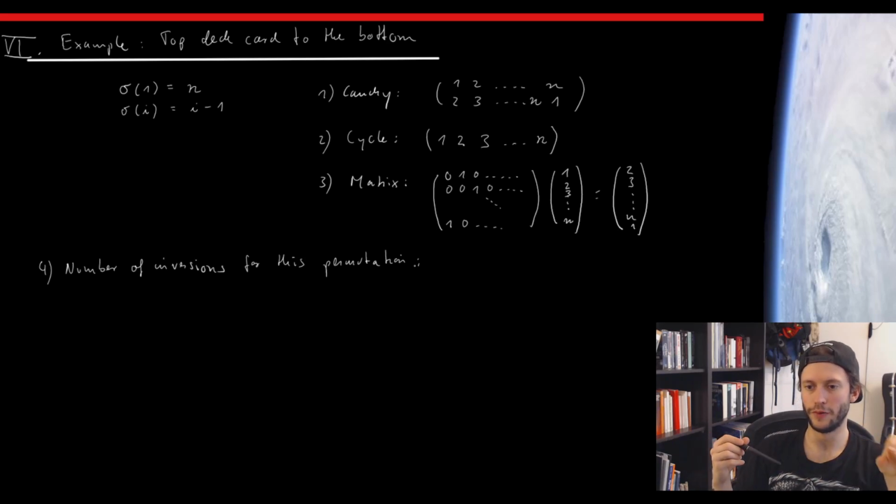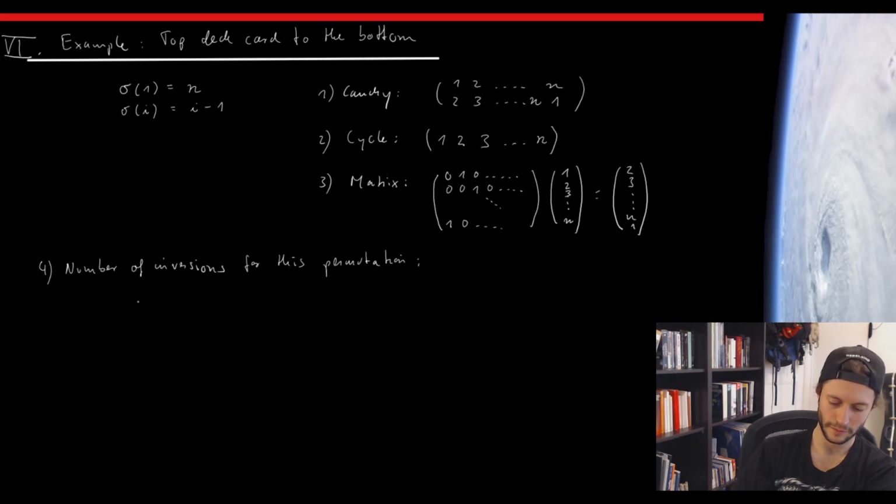If i is smaller than j, then sigma of i is bigger than sigma of j. So let's see what's happening here. We have sigma of 1 is 2, sigma of 2 is 3. That's fine. Basically, it's all fine, but this one.